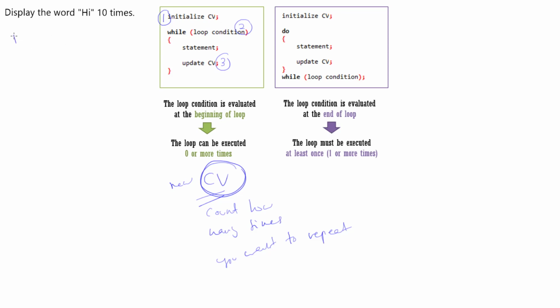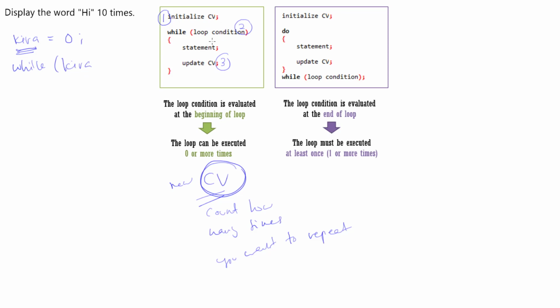So I'll do Kira equals 0, since we're not counting anything yet. Since we're using a while loop, we're going to write while. Since we use this control variable, the condition must also have your control variable.